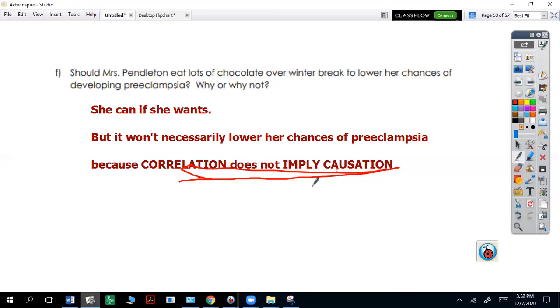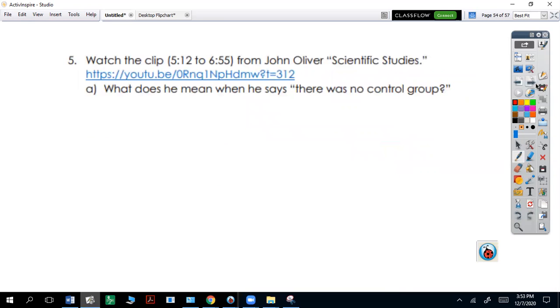And this was not an experiment. So we can't really say for sure if it's going to lower our chances. So I would say eat chocolate if you want. Doesn't hurt you, but always in moderation.